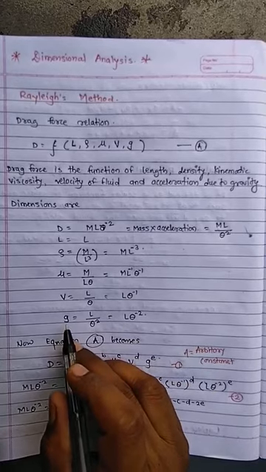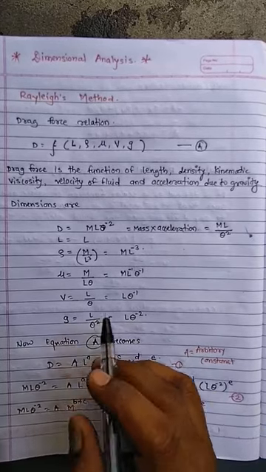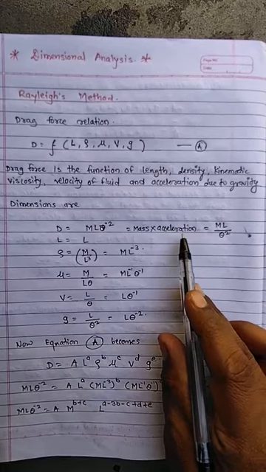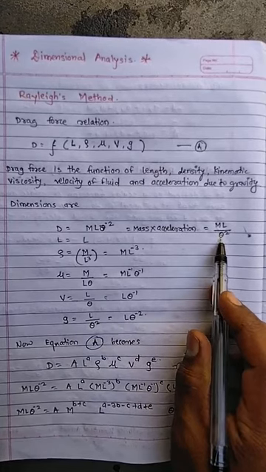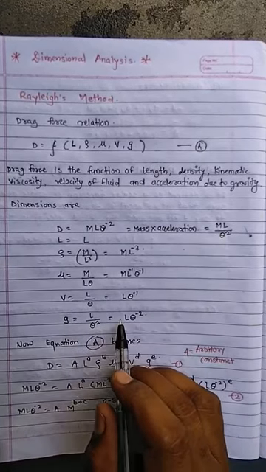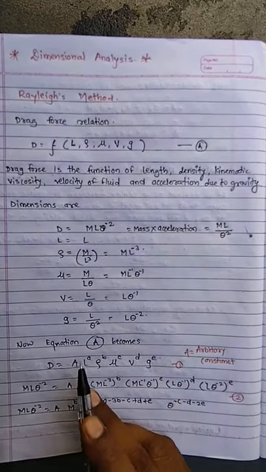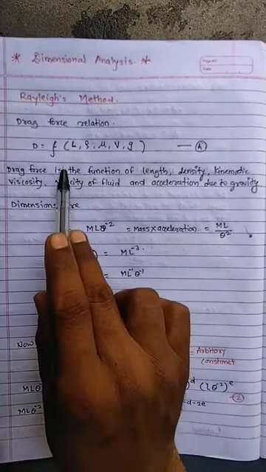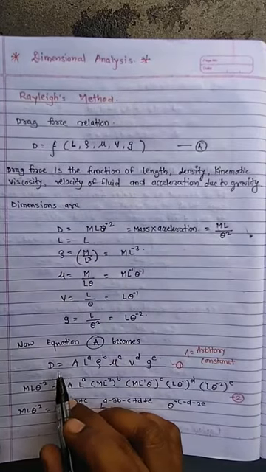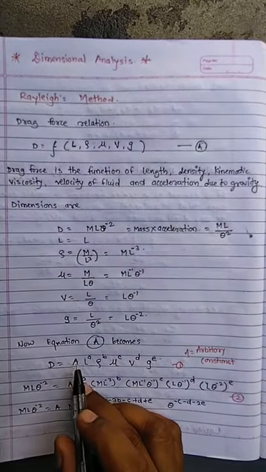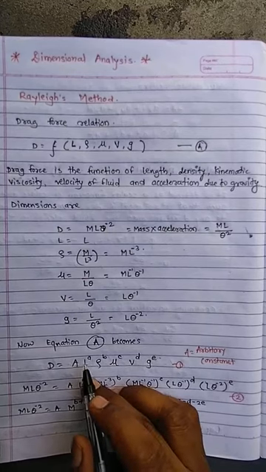Next is acceleration due to gravity. We have already found the acceleration, L divided by theta square, so this is equal to L theta raised to minus 2. Now the equation becomes D is equal to capital A L raised to a.